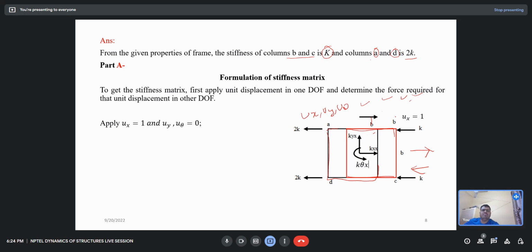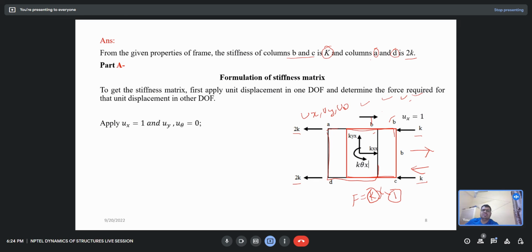So the stiffness of the columns B and C is k, so the force developed will be F equal to kx. So x is 1 unit, so the force would be k, whatever my stiffness is. So the force developed due to columns B and C would be k, and in columns A and D that would be 2k.